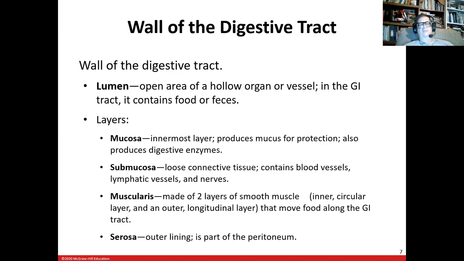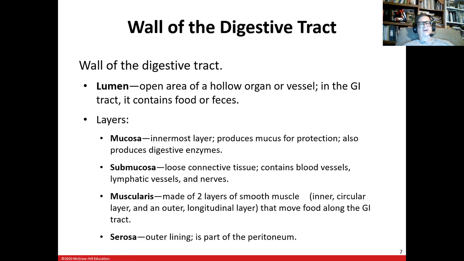And in some places, we're making digestive enzymes as well. The mucus, sorry about the barking dog, will help lubricate and make it easy to pass things through. And the enzymes, of course, will help with the chemical breakdown.